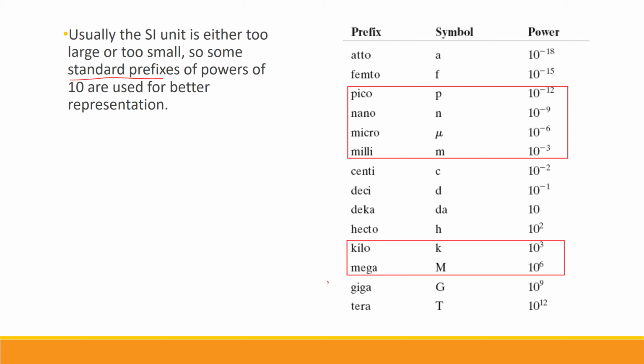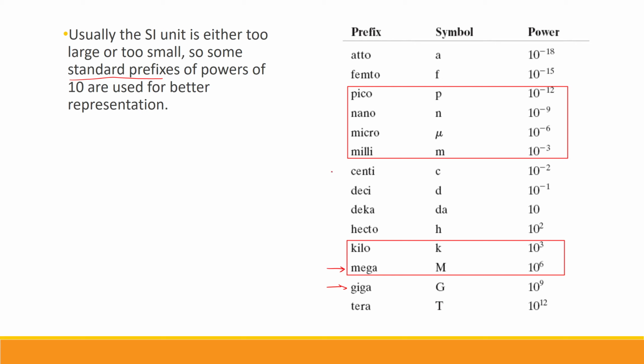So if you ever worked with a computer, you probably have seen the prefix giga, which is shown with G, and it is equal to 10 to the power of 9. Or mega as well, right? It's shown with M, and it is 10 to the power of 6.